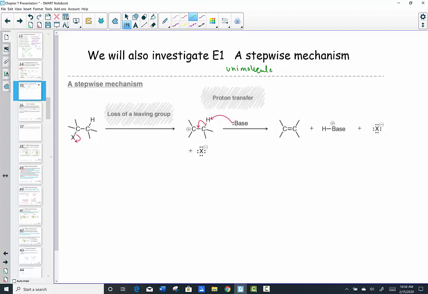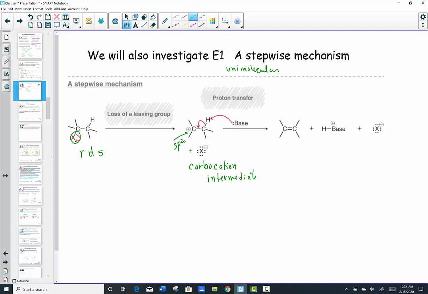The very first step is the leaving group leaving, which is the rate determining step. What will be unique is that we get a carbocation intermediate, with an sp2 hybridized, electron deficient carbon.